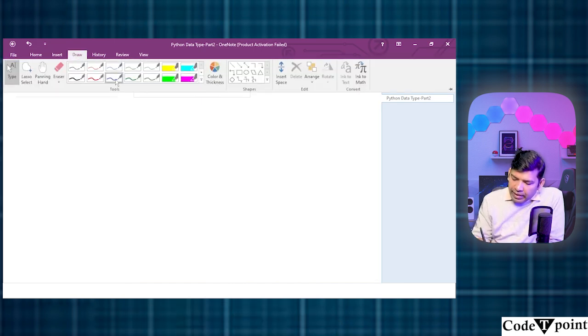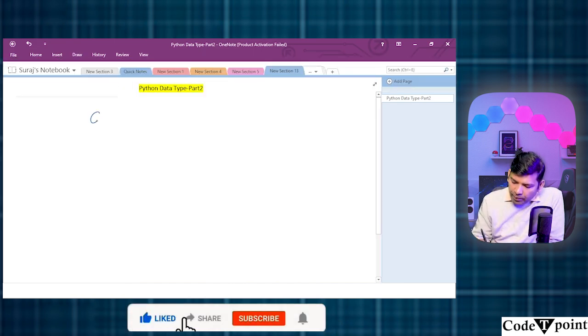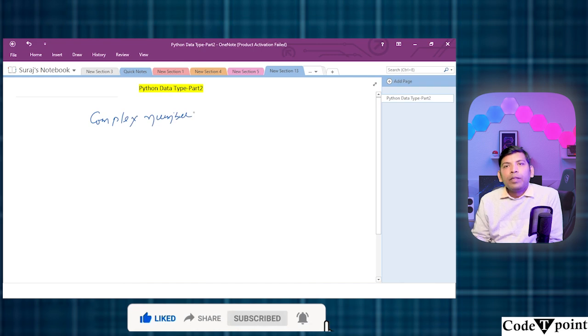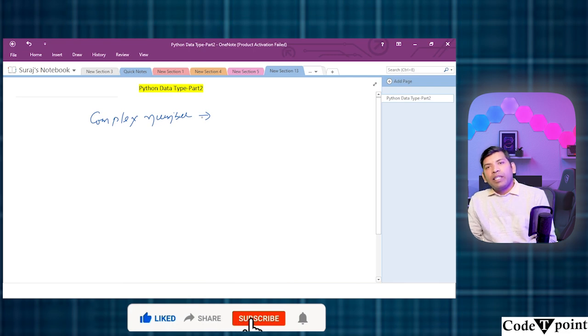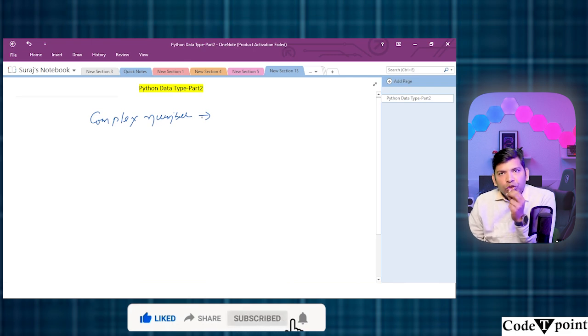I would like to discuss complex number. So what is a complex number? You can say a complex number is an entity, or a data representation entity, which has two elements.